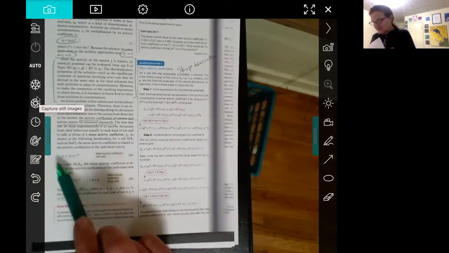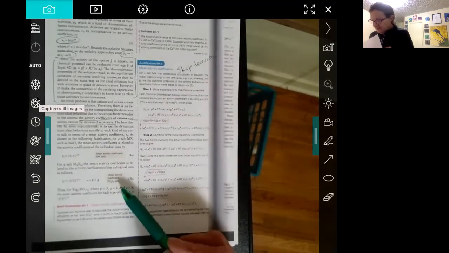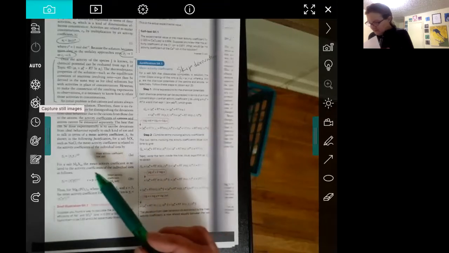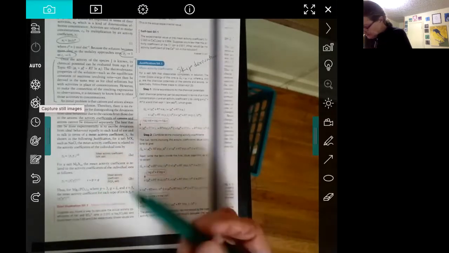It's always an average. If you had sodium chloride, you'd have the activity coefficient to the 1/2. Whereas if you have some other complex salt, the P's and the Q's are defined right here.